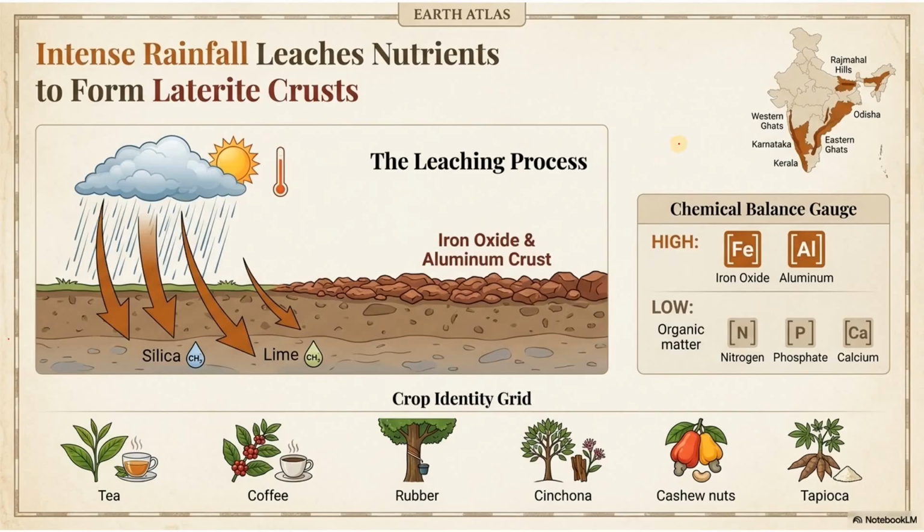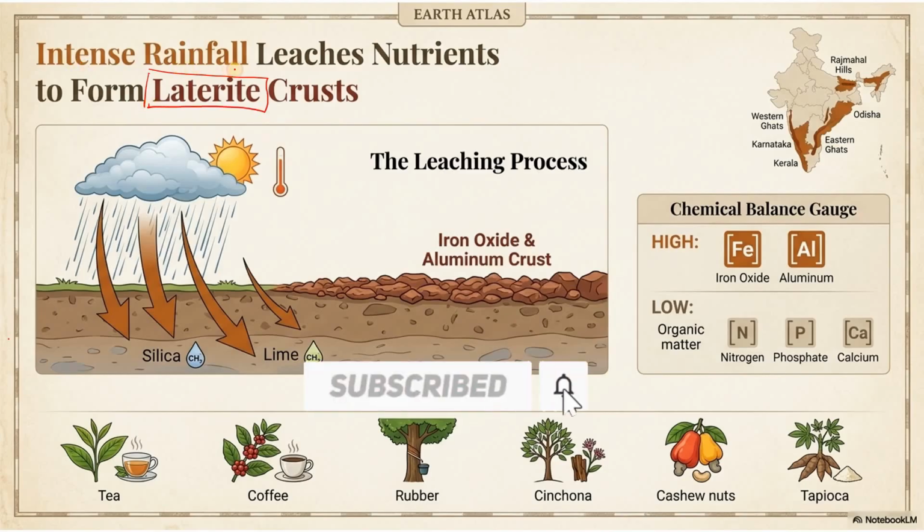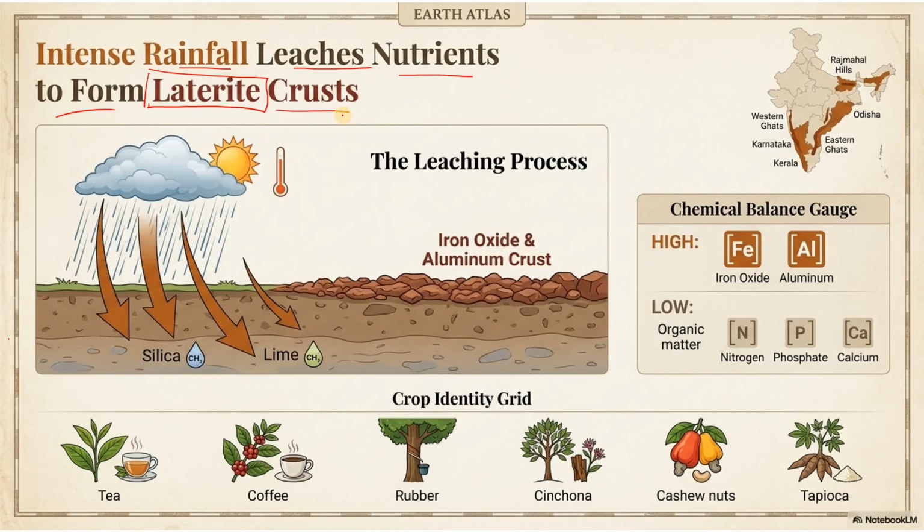What are we talking about here? We are talking about the laterite soil. Intense rainfall leaches nutrients to form the laterite crusts. Whenever we talk about laterite, what we have to keep in mind is that these are soils where there is a high amount of rainfall.